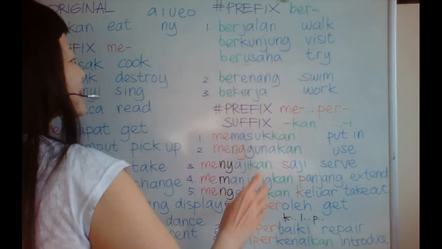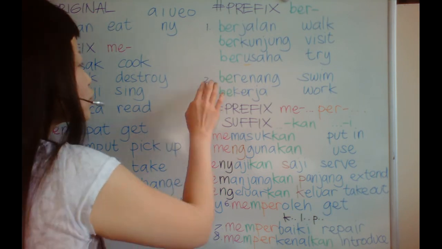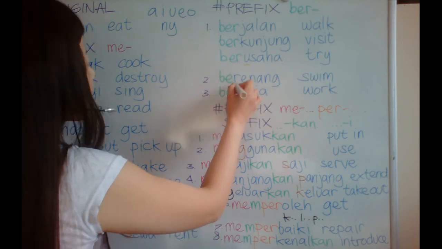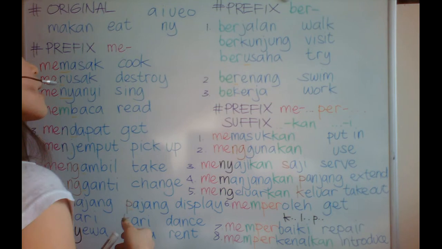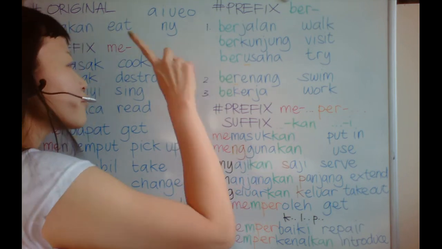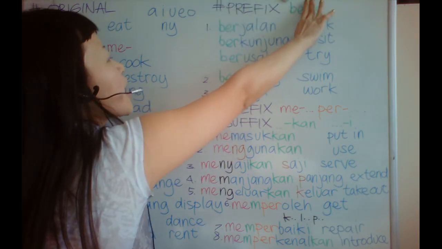Berusaha, try. And then we have number 2. Number 2, it started with R here. It's not doubling the R, but we have to change. We have to reduce the R here.